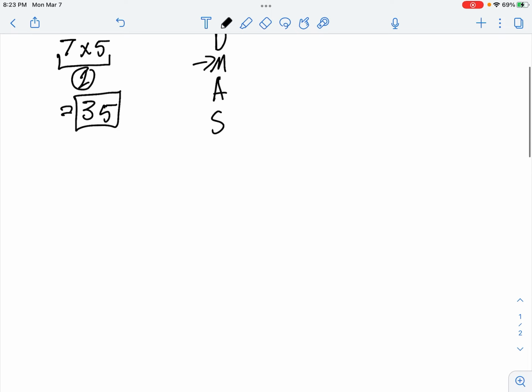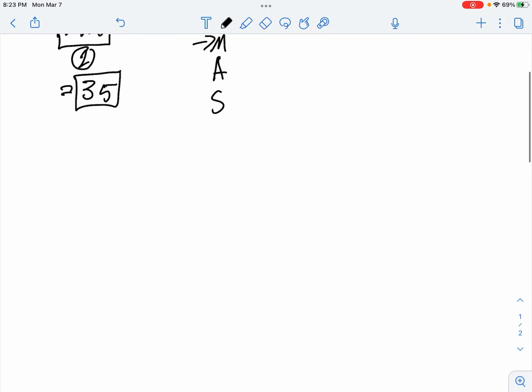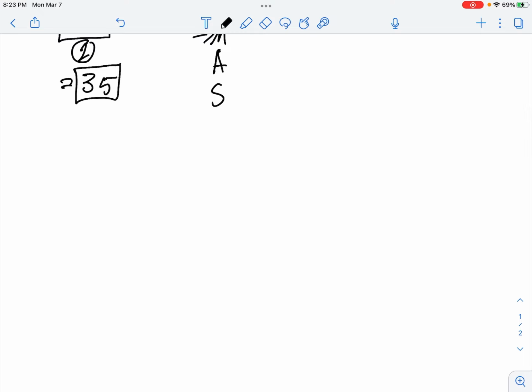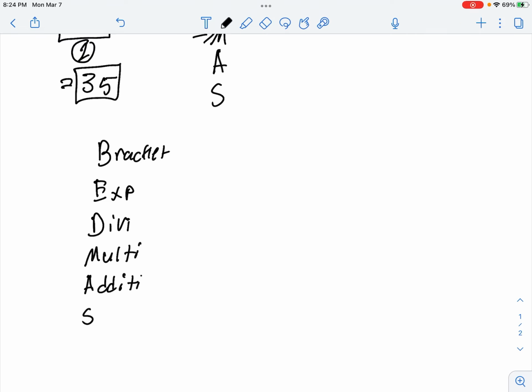So last time I talked about how we use two different acronyms. We had BEDMAS, which is brackets, exponents, division, multiplication, addition, and subtraction.